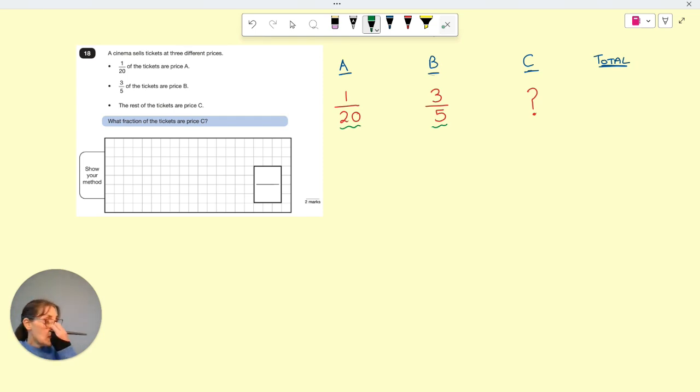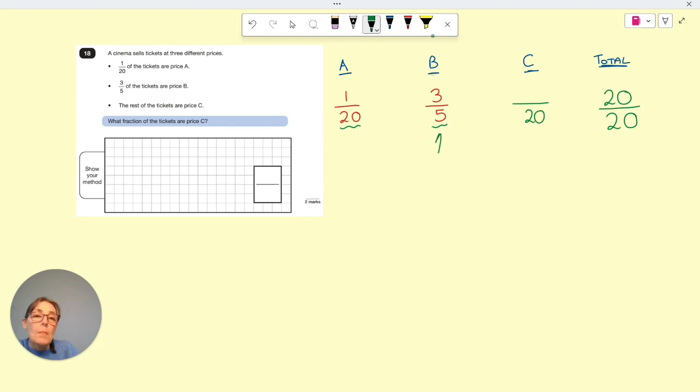Yeah, sold 100%. 100 out of 100, 1,000 out of 1,000, 20 out of 20. Because that number there is a bigger number, not a bigger fraction. We're going to make them out of 20ths. So my total is going to end up being 20 out of 20 because that's all of the tickets. So what I'm going to do is make this fraction out of 20.